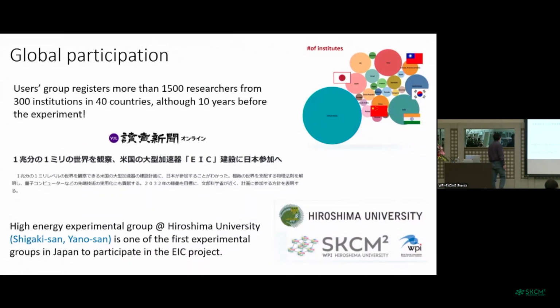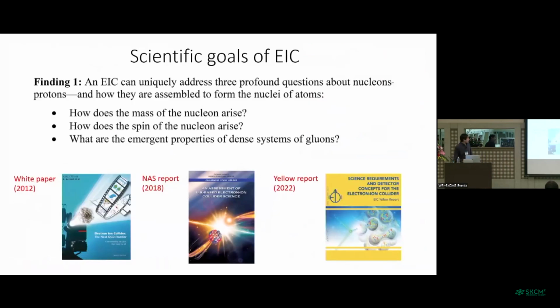This is an article from the newspaper. And I should say that, in fact, the Hiroshima group plays an important role because Shigaki-san, the experimental group at Hiroshima University, is one of the first experimental groups to have expressed interest in the EIC and actually joined the experiment. I think it's a very smart move. So there's a lot of interest in this future collider experiment.